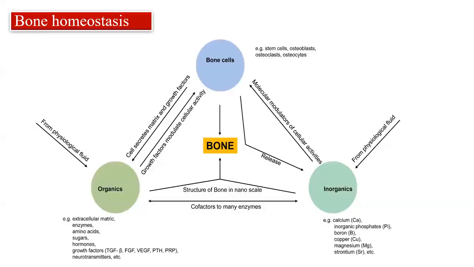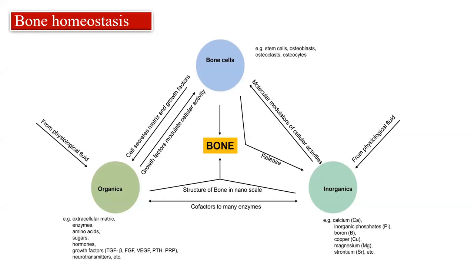So this slide shows that I have discussed the composition of the bone, that is the bone cells, and the organic and inorganic composition derived from the physiological fluid, and the bone cells, as I mentioned, have precursor cells from the hematopoietic organs or the mesenchymal progenitor cells, right?